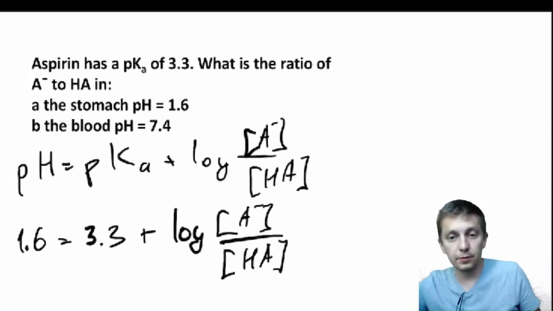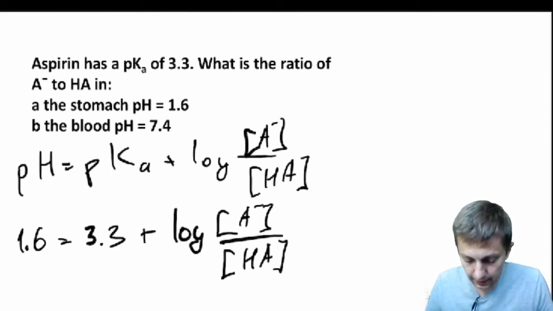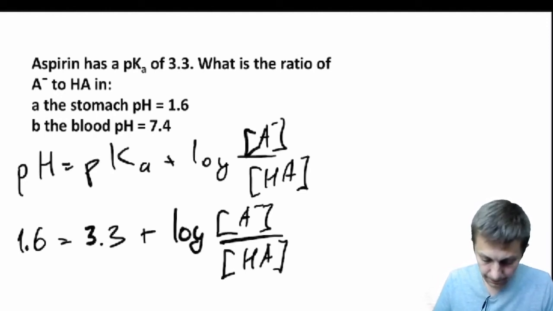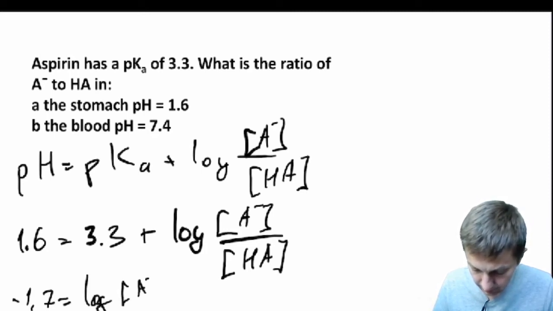For solving this problem, we need a calculator. So 1.6 minus 3.3, minus 1.7, equals log A minus divided by HA.